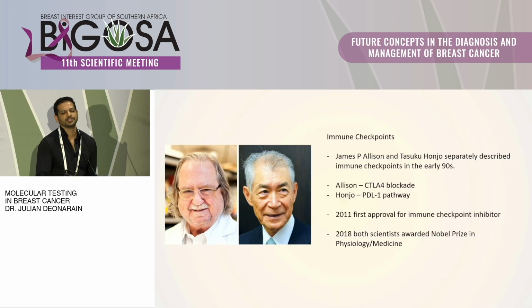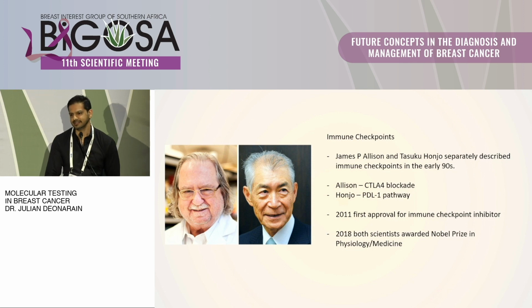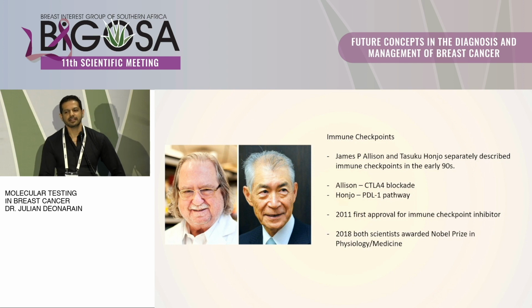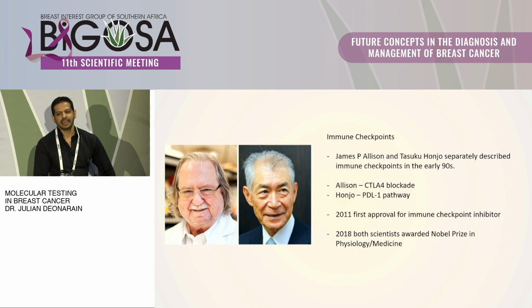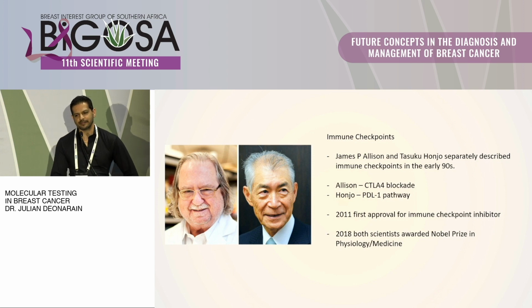So when it comes to immune checkpoints, okay, in the early 90s, two scientists, James P. Allison, who is an immunologist, and Tasuku Honjo, who is a physician, did extensive research describing immune checkpoints in tumor cell physiology. Allison described the CTLA-4 blockade pathway, and Honjo the PD-L1 pathway.